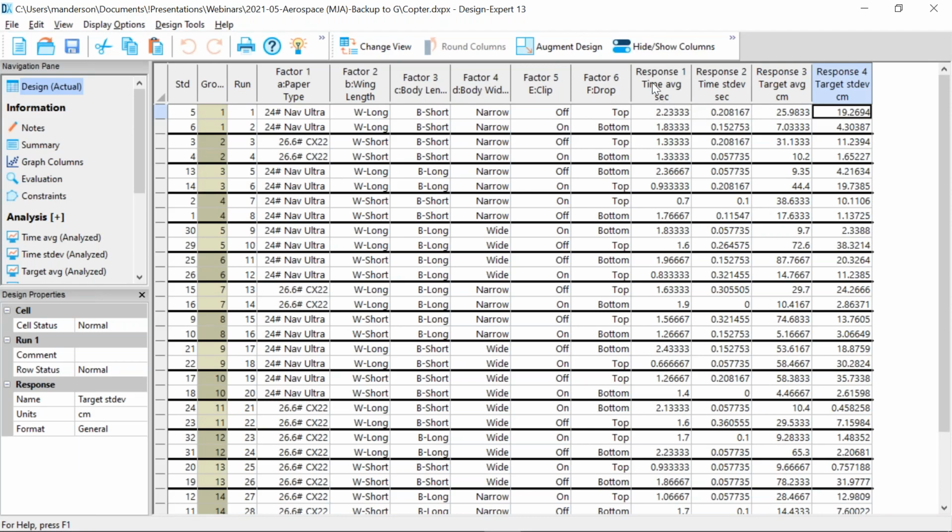So every one of these results for the time and for the target deviation is based on an average of 3 drops. So then we completed that part, and then we went to the next design, which is number 2, and we would actually label the helicopters with a Sharpie, 1, 2, and so forth.